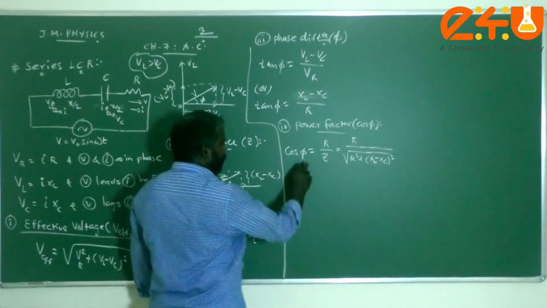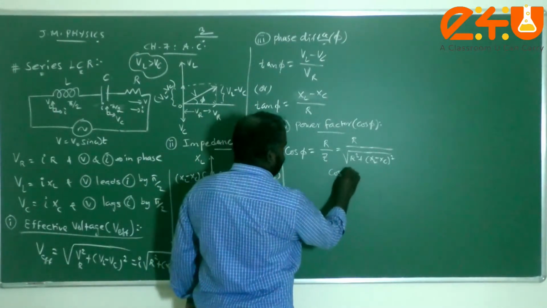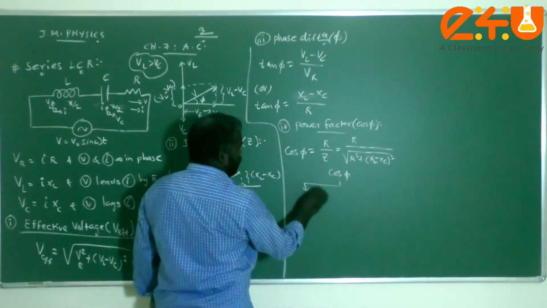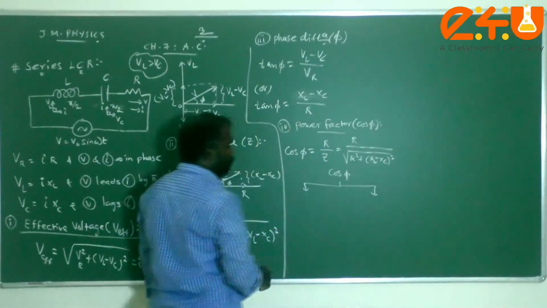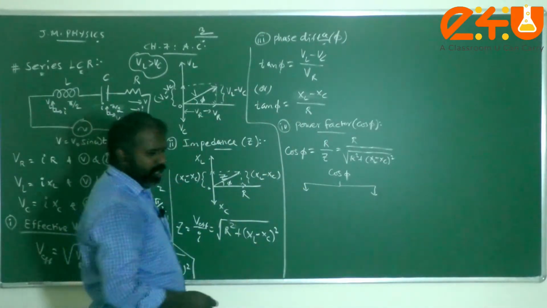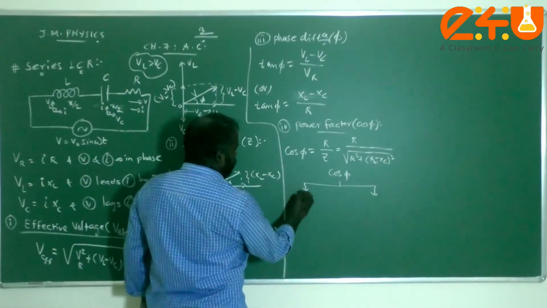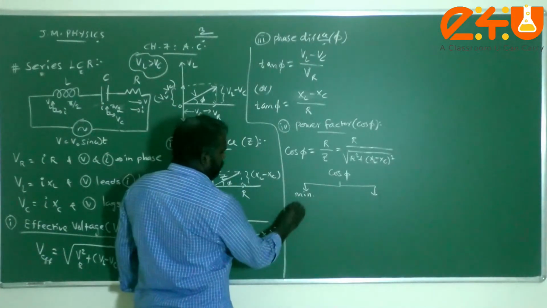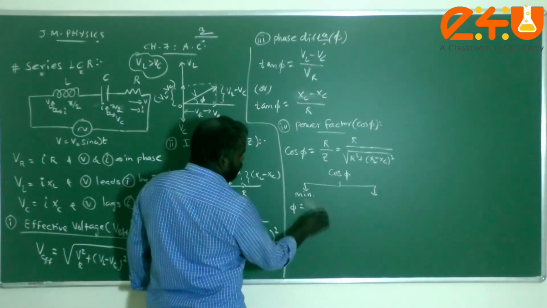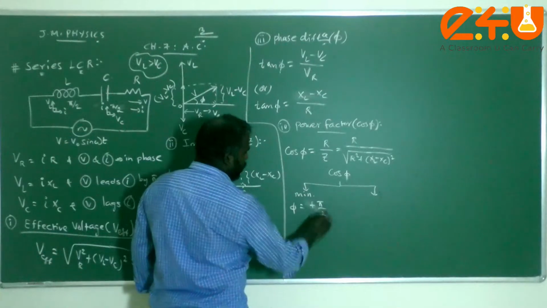Depending on the condition, the cos phi value, the power factor value, in some cases it will be 0, in some cases it will be 1, the maximum. It will be minimum when phi is equal to plus or minus 90 degrees.